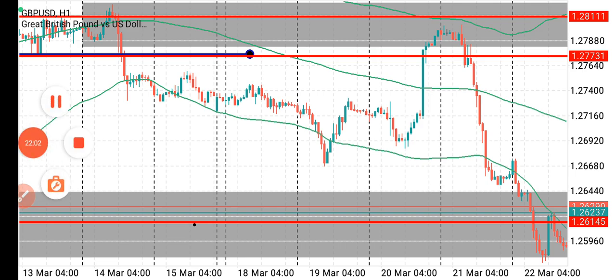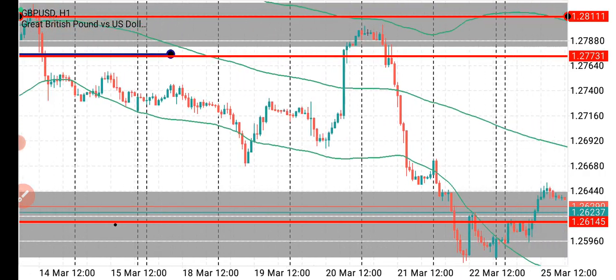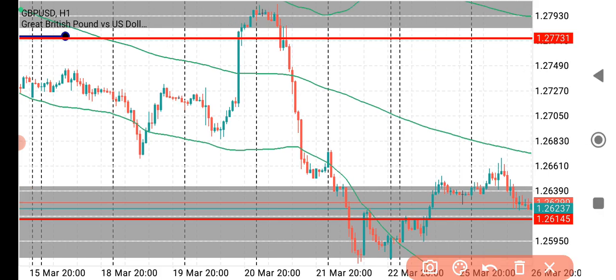So you will have the patience to wait. Okay, this and this, and then you can see that from this side too. We have this and we have this.